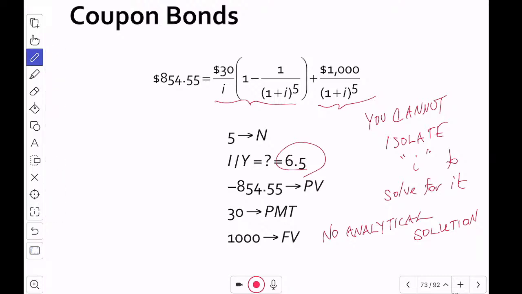I know some students are very resistant to using the calculator, but this is a 4th year course in the specialized area of finance. You should be using all the tools you can find.